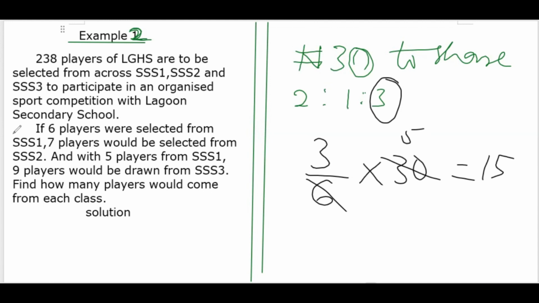So if you look at this example 2, what we need to think of doing is, how do we find their combined ratio? The common ratio or the combined ratio for SS1, SS2, and SS3.